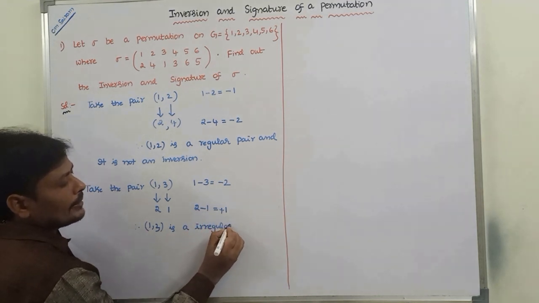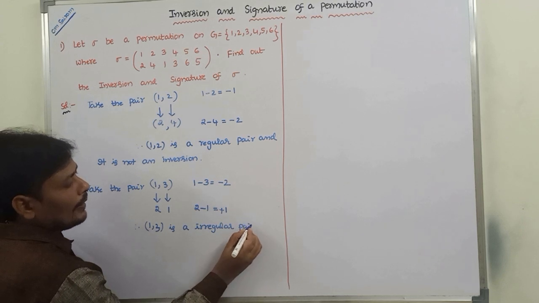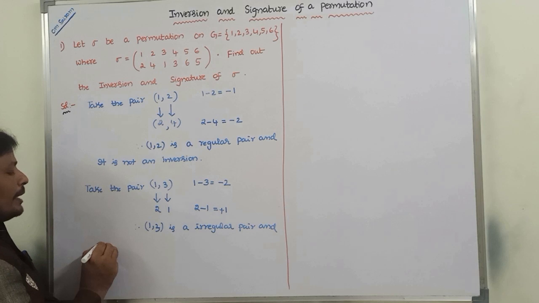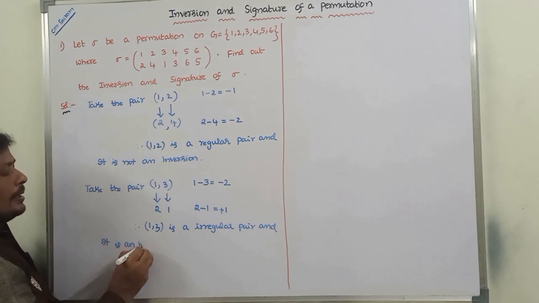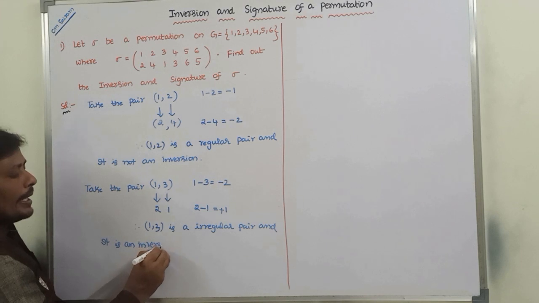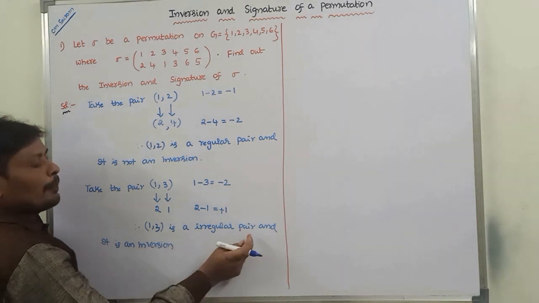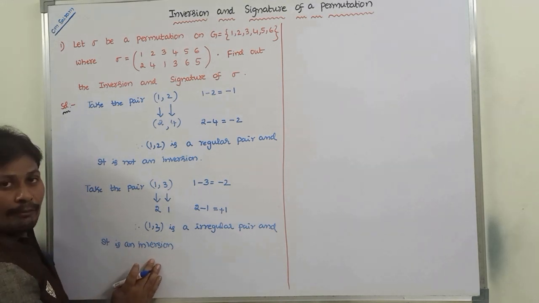An irregular pair is called an inversion. A regular pair is not an inversion and an irregular pair is an inversion.